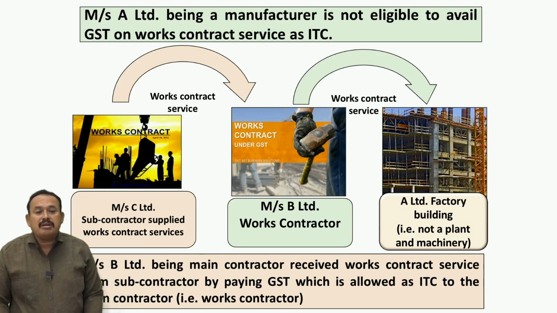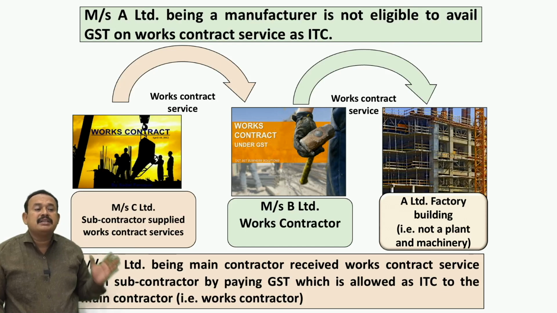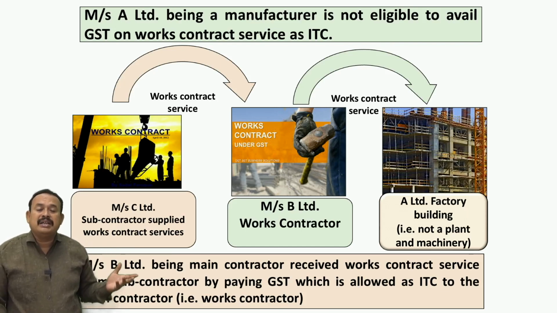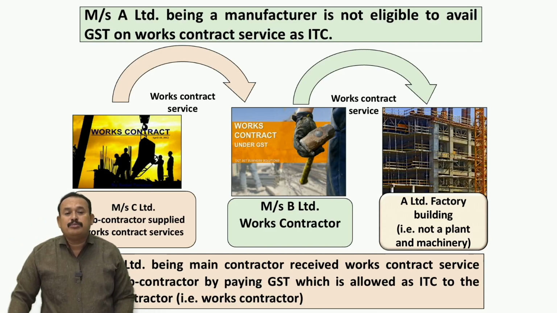But for works contract services to the end user A Limited in relation to plant and machinery, ITC is allowed. If it is not plant and machinery, ITC is not allowed. Since in the given case, B Limited provided works contract services to A Limited, which is not plant and machinery but immovable property, A Limited cannot avail the input tax credit.